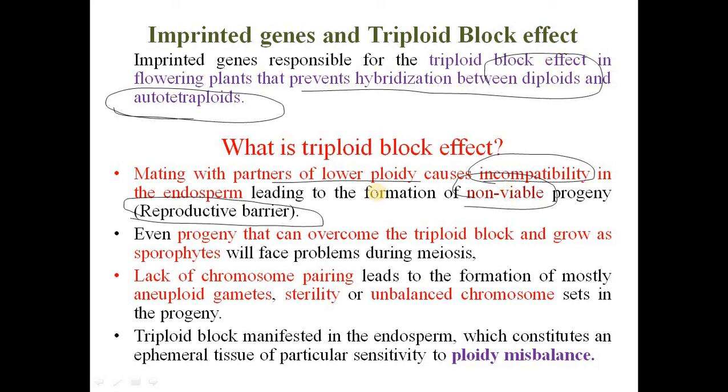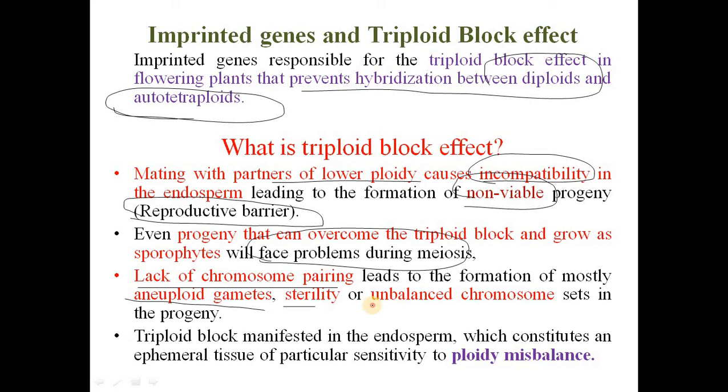But if that progeny overcomes the triploid block effect and grows as a sporophyte, even then it faces problems during meiosis. This triploid block effect also shows a lack of chromosome pairing that leads to the formation of aneuploid gametes.